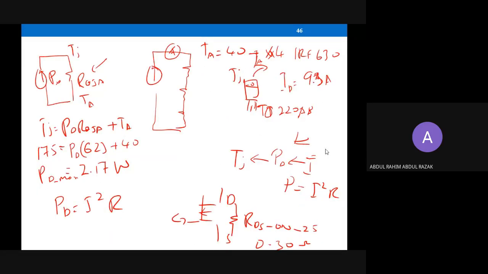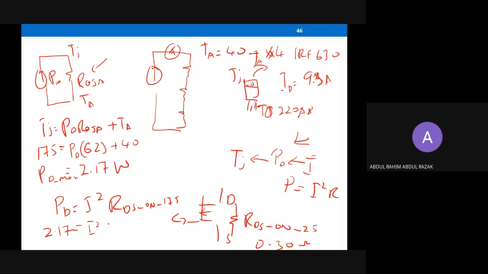So 0.93 ohm. So this is your RDS on at 175 degrees C. So you will have your value, which is PD max, we calculated just now, 2.17, I square RDS on.